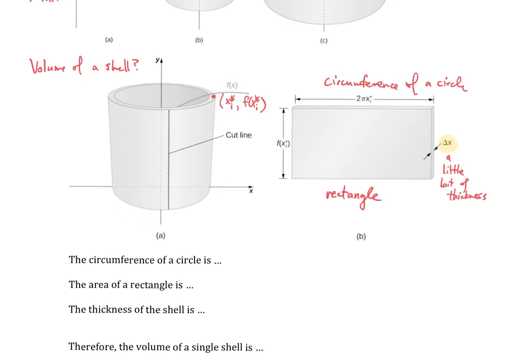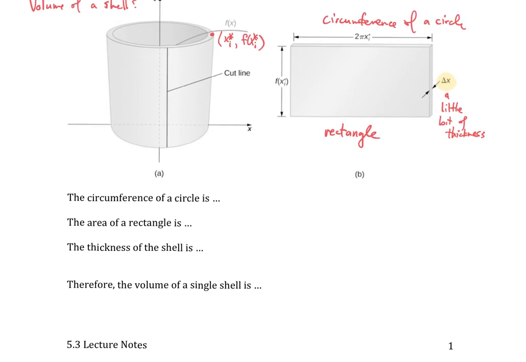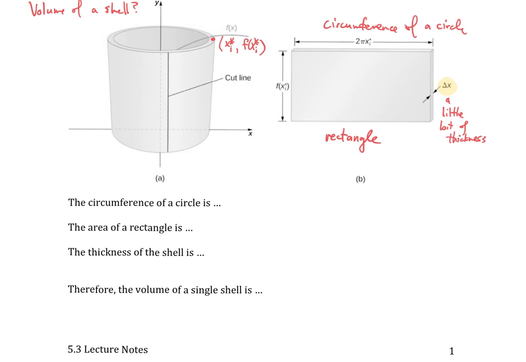So if I scroll down a little bit, we could see that we're going to have the following. The circumference of the circle is going to be 2 pi r, where r is the radius. But in this particular case, our radius is given by xi star. So that's going to be equal to 2 pi times xi star, like this. The area of the rectangle is going to be 2 pi r, the circumference of the circle, times the height of the rectangle.